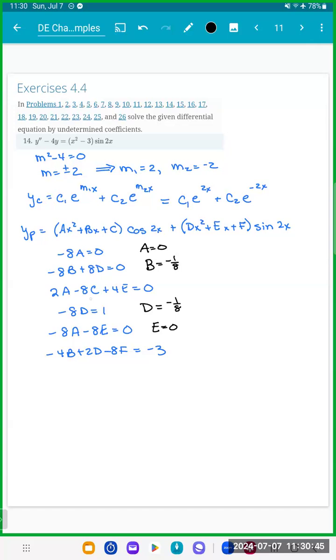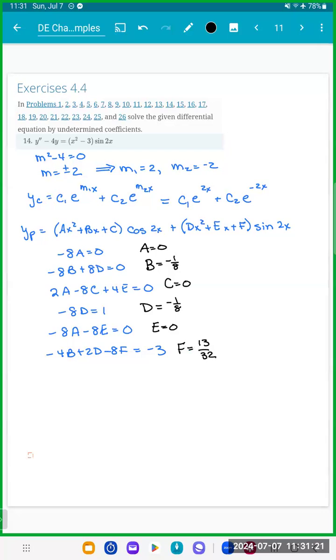Let's look at 2a. Since we have a and e, we could plug that in here and figure out c. So 2 times 0 is 0 minus 8c plus 4 times 0. So c also has to equal 0. And then in the last one, we can do negative 4 times negative 1/8 plus 2 times negative 1/8 minus 8f is equal to negative 3. So f is equal to 13/32.